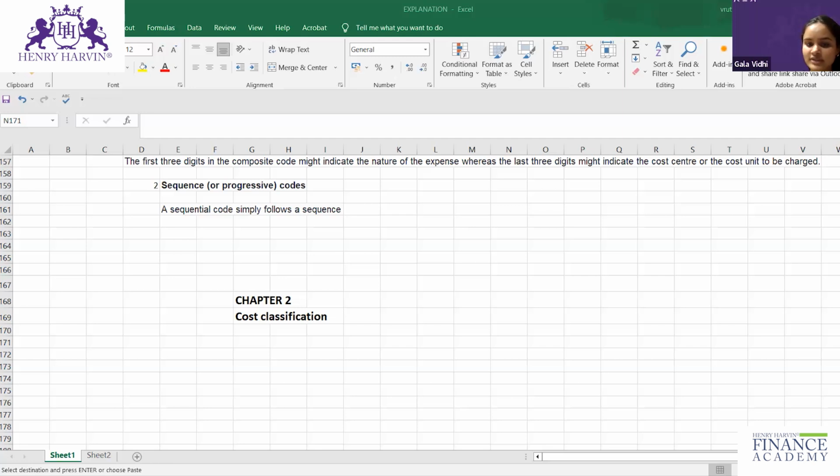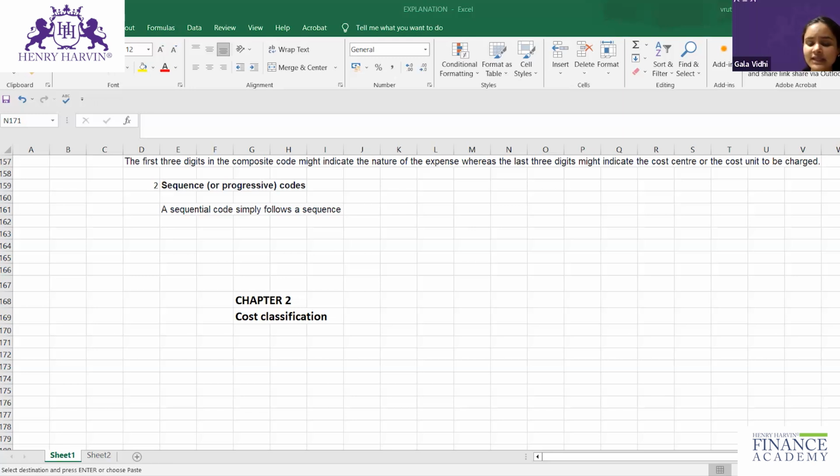Production costs are all the costs involved in the manufacture of goods, like costs incurred inside the factory: your direct material, direct labor, and direct expenses. All these costs are known as your production cost.